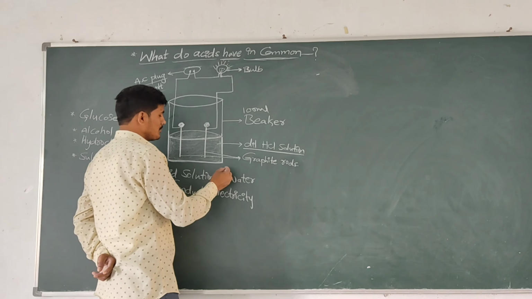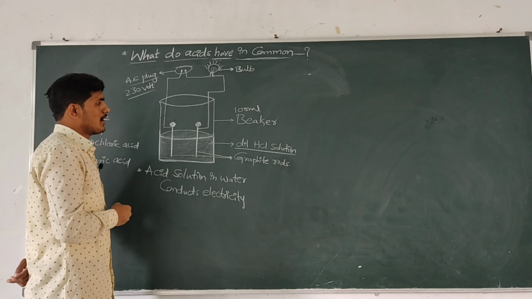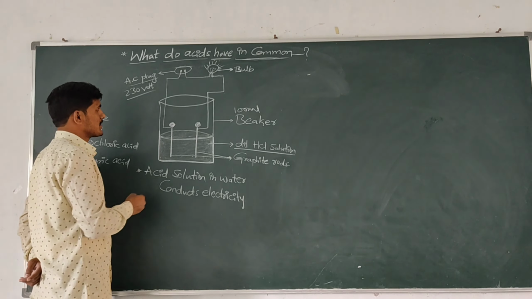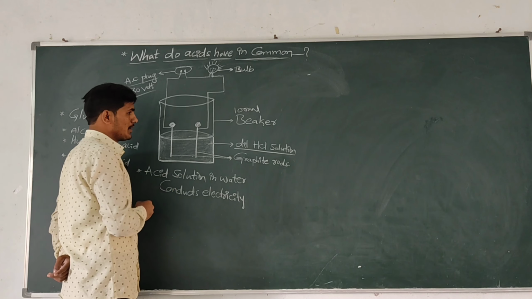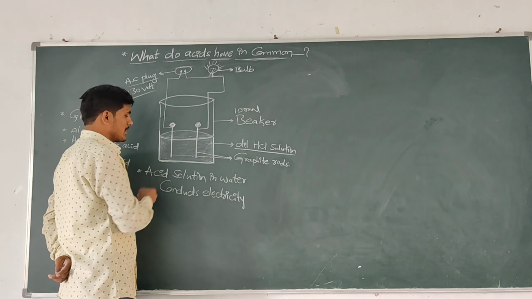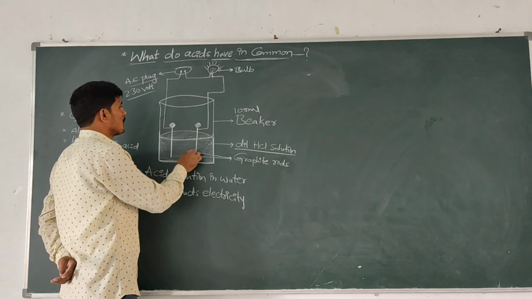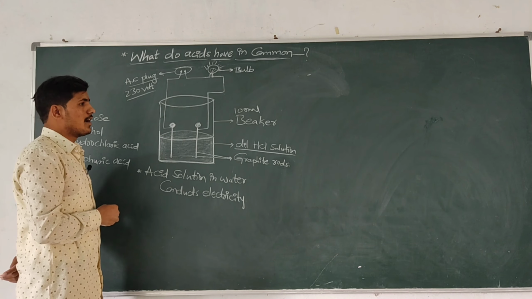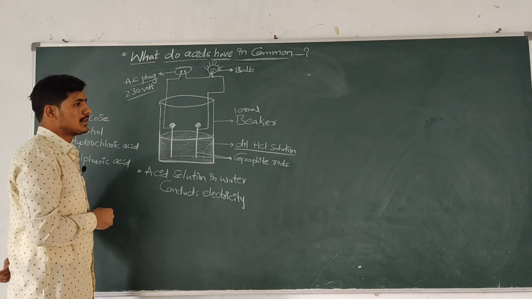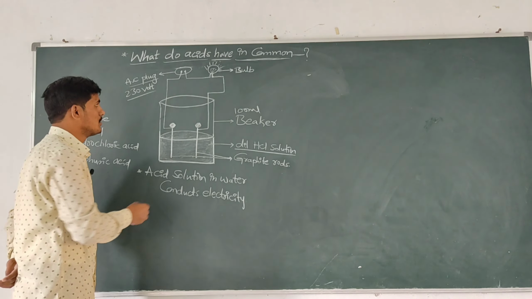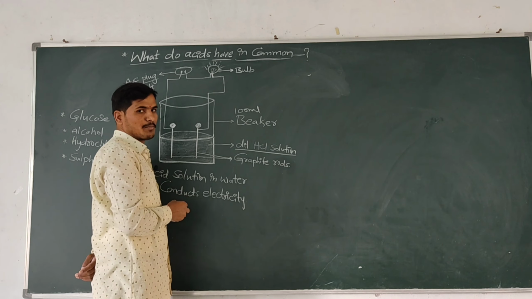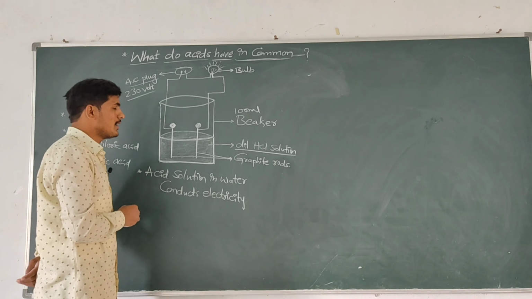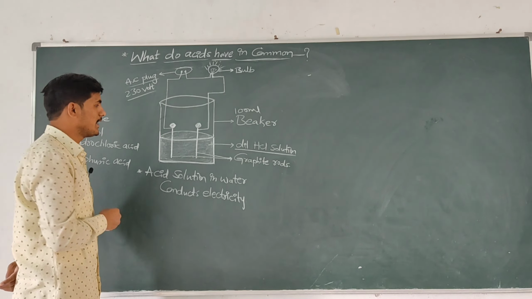When we pour the diluted hydrochloric acid into the beaker, electricity is conducted between the 2 graphite rods through the AC, alternating current, plug, and the bulb will glow, because when we pour hydrochloric acid solution into the beaker, it has free ions.